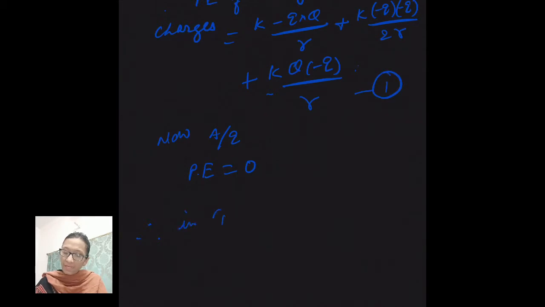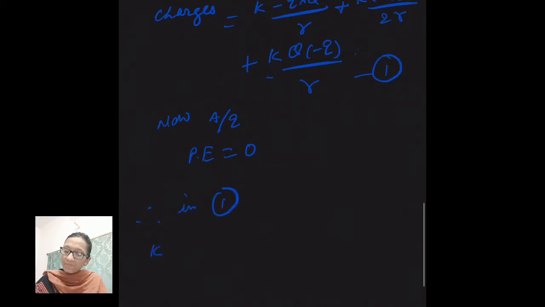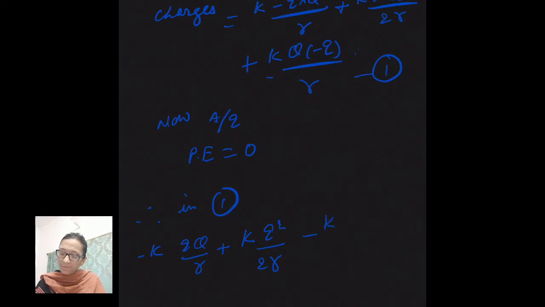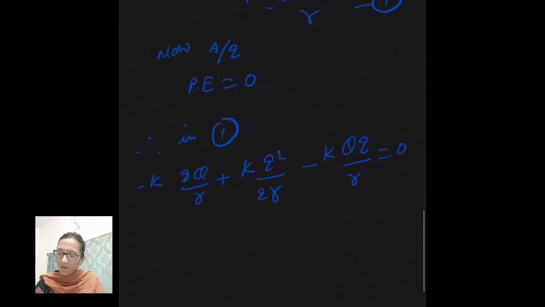Therefore, in equation 1: minus K q Q upon R, plus minus minus plus, you have minus and minus equal to plus, K q square upon 2R, and minus K Q q upon R, and this is equal to 0.